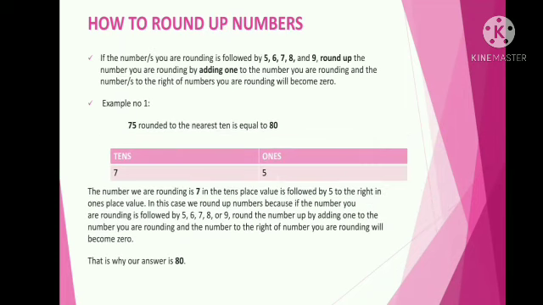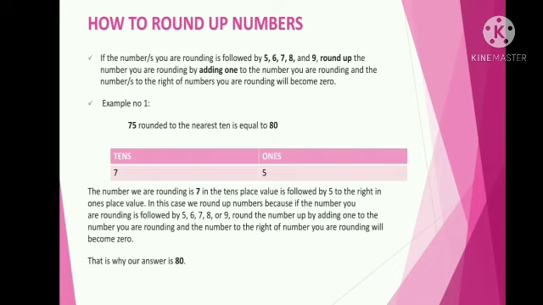Next, rounding up numbers, or how to round up numbers. If the number you are rounding is followed by 5, 6, 7, 8, or 9, round up the number you are rounding by adding 1.